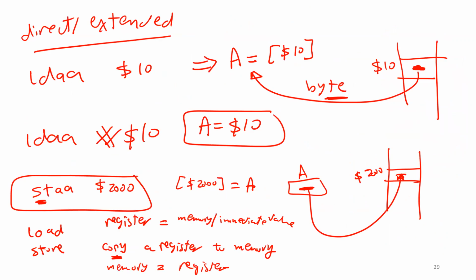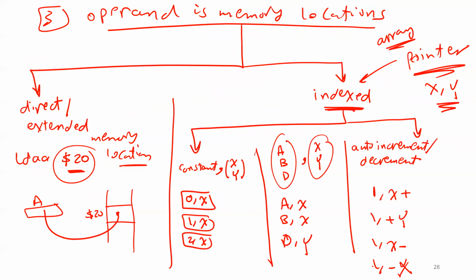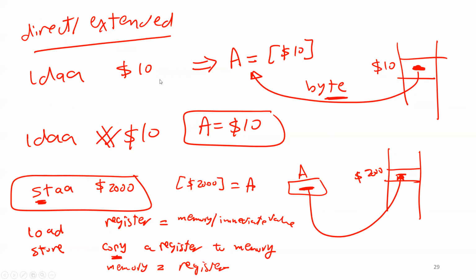So let me give more examples because I want you to understand this one very well before I move to indexed. Again, it's the same example I have just taught. When I say load A 10, there is no hashtag, that means address 10. So after you execute this instruction, I'm going to read a byte from the location 10, and store it in A. So I can say A should equal the content.